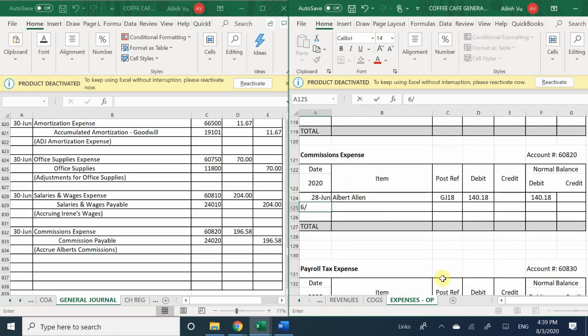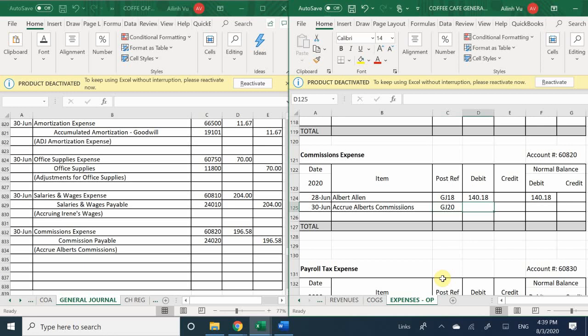New balance 336.76. Hold on. Accrue Albert's commissions for journal 20.